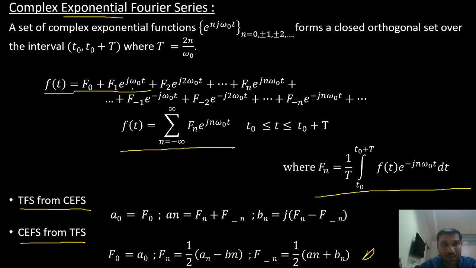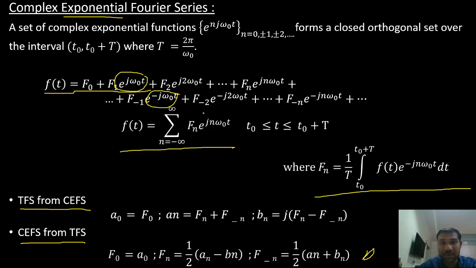If I combine these two, e^(jω₀t) plus e^(-jω₀t), what will happen? It will become 2 cos ω₀t.